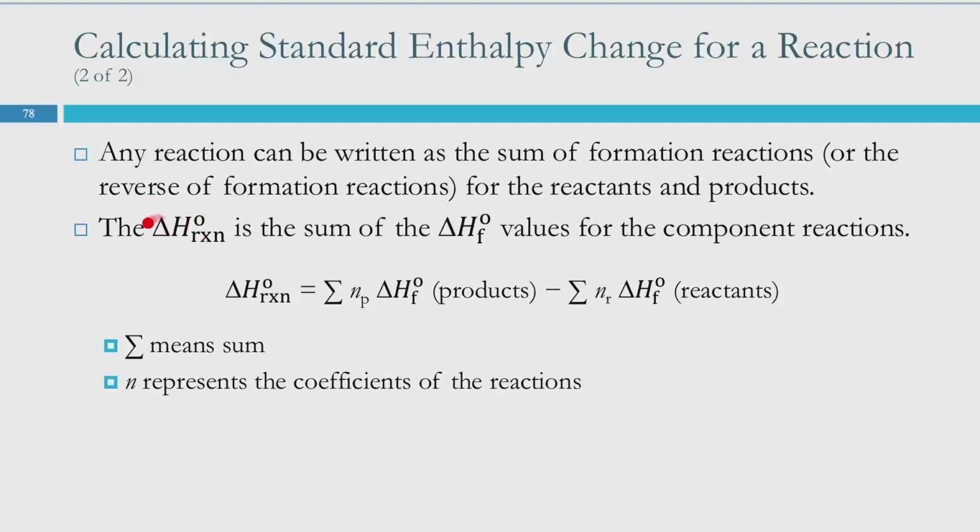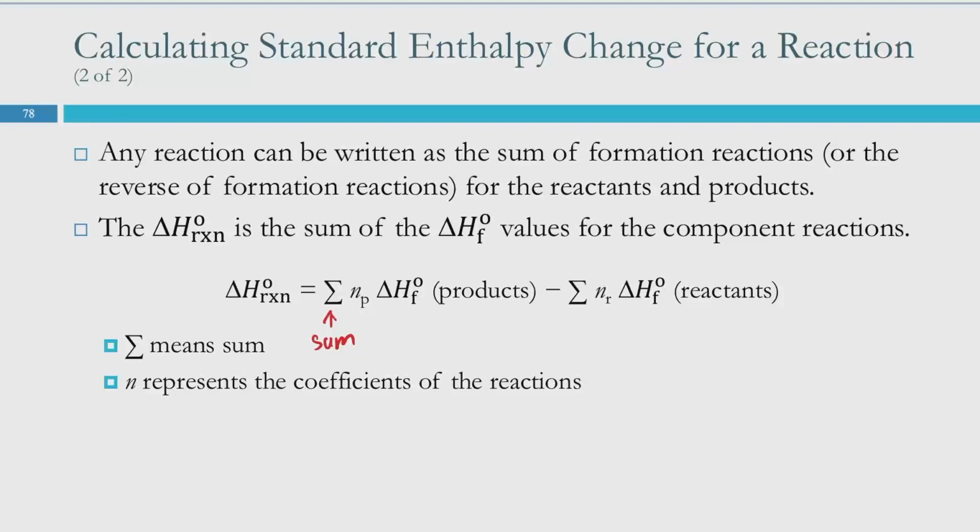Our standard change in enthalpy of the reaction is the sum of the standard heat of formation values for the component reactions. So for the reaction, our delta H is the sum, the sigma here means sum, of the coefficient for one of the terms times its delta H, standard heat of formation, for one of the products.